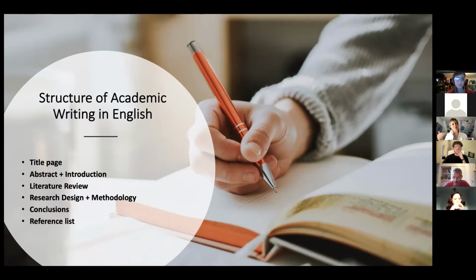From there, you might go into conclusions. And then finally, you might have a reference list. These are the main points that we cover in research documents when we're writing a thesis or a dissertation, or you want to make a proposal about something. You often include a lot of these different points.